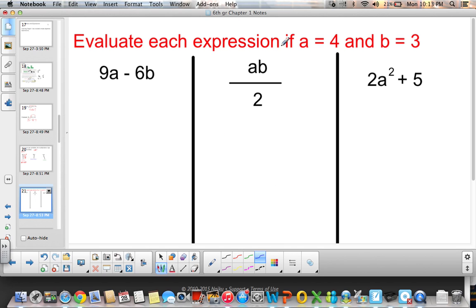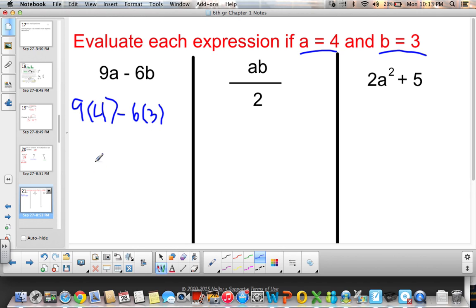So evaluate each expression if a equals 4 and b equals 3. So 9a minus 6b, so we would have 9 times 4 minus 6 times 3. Okay, my mouse is being super weird right now, so I'm sorry that it's acting all funky.